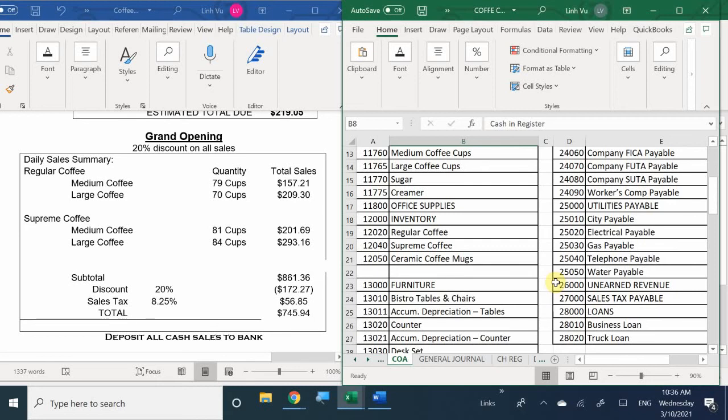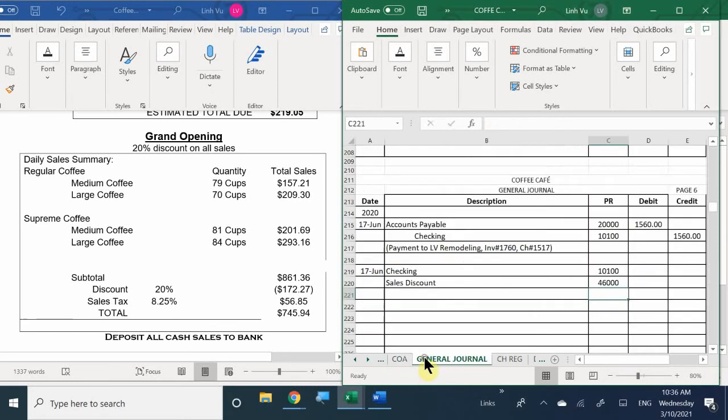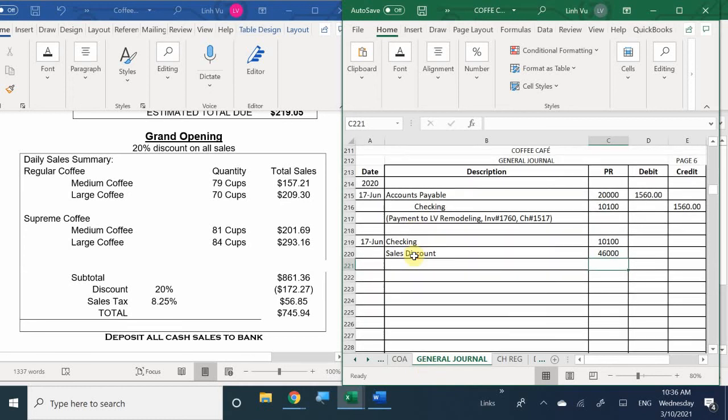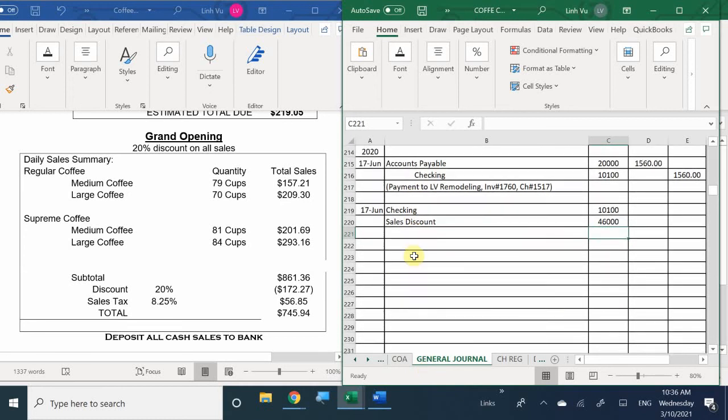It's a liability. Why? Is it truly your money? No, it's the government's. So it's just sales tax payable. Are we going to debit it or credit it? If we owe the government money and it's a liability, we're going to credit that account. I'm going to save that for the very end.